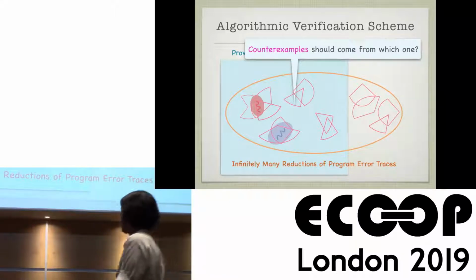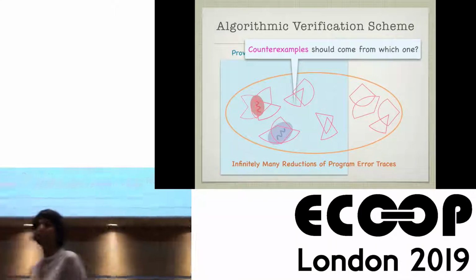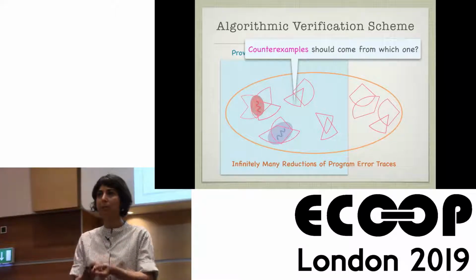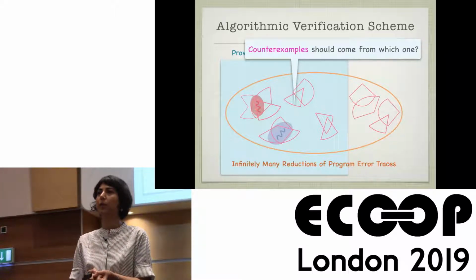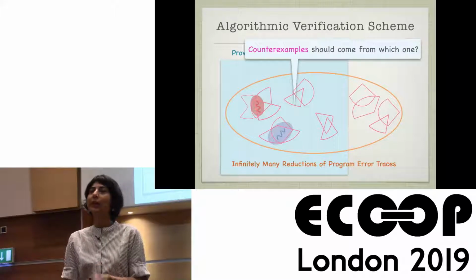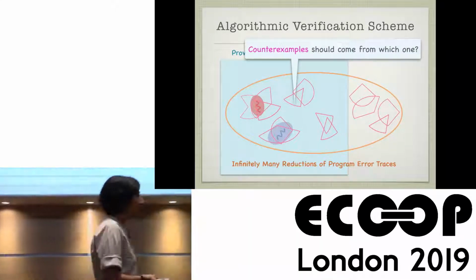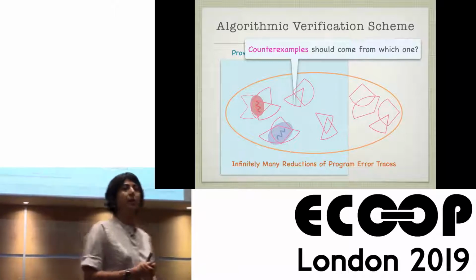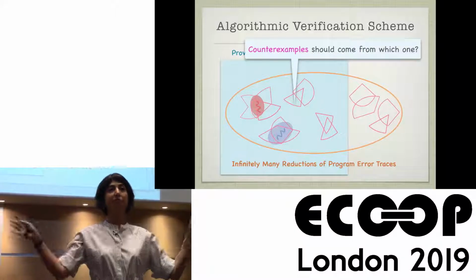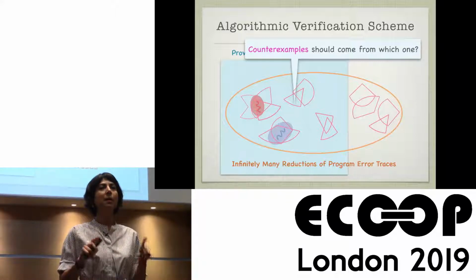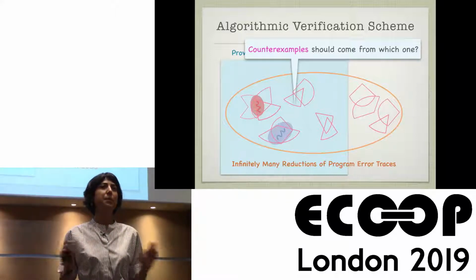And this also underlines this potential divergence problem, right? How do I pick counterexamples so that I make concrete progress and I can actually show that I would converge? So luckily, looping tree automata satisfy this wonderful property that they tell you that yes, there are infinitely many reductions here. So you could have infinitely many counterexamples if you wanted to make progress across the board. But actually, these are not arbitrary.